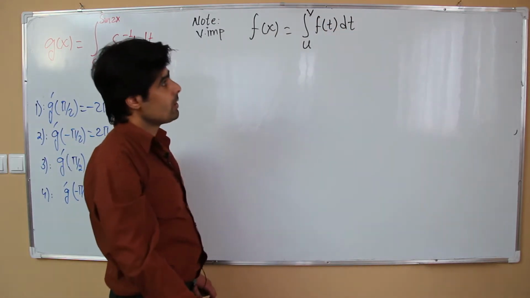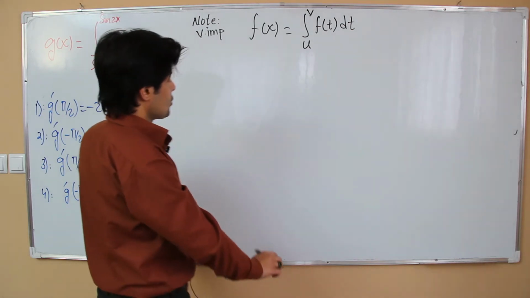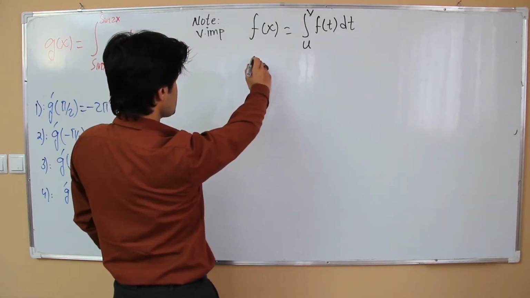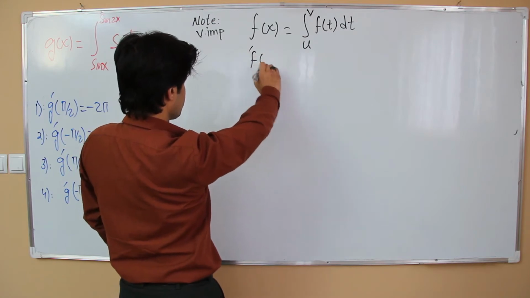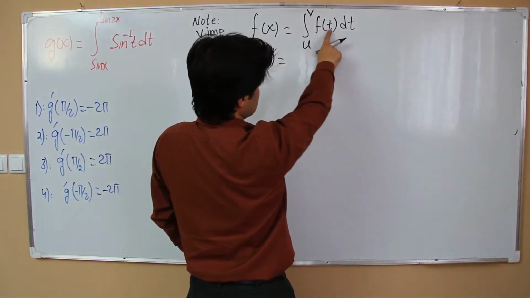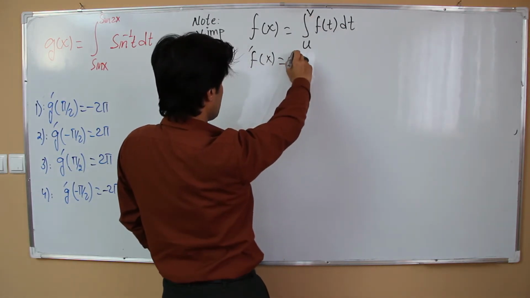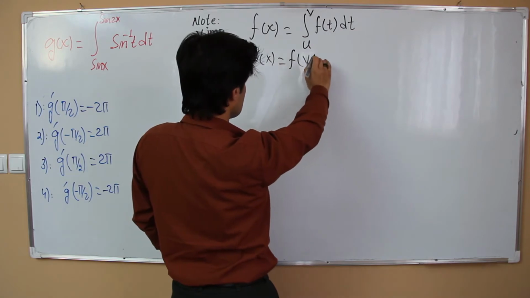Now, how can you calculate the derivative of this function? We have a formula: f prime of x is, first, in this function, instead of t, you have to put v. I mean f(v).